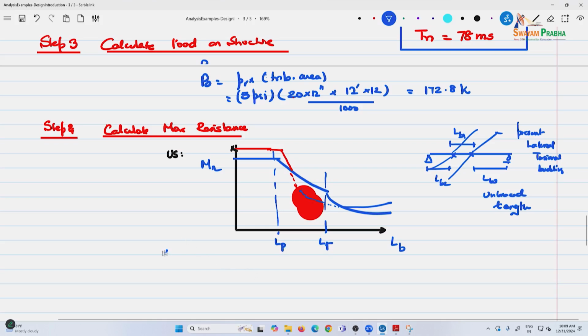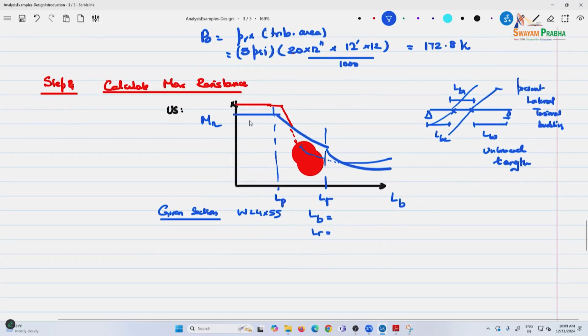Given a section, there are tables, say a W24. I do not have those numbers right away, but there are equations and there are tables. I think IS 800 should have both of them.